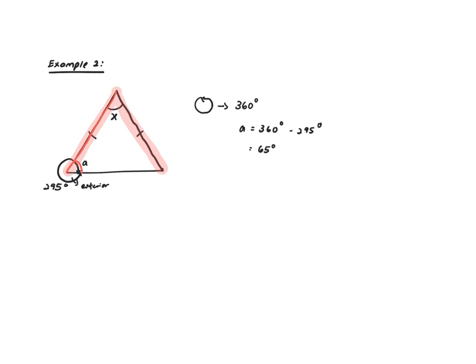This angle and this angle, which means this is also 65 because we found out that a is 65. So what is x then? x would be 180 minus the other two angles. So that would be 50 degrees. So x is 50 degrees.